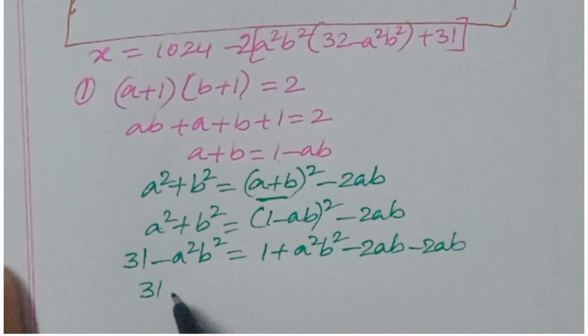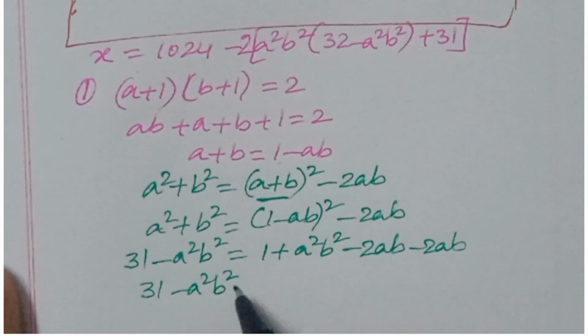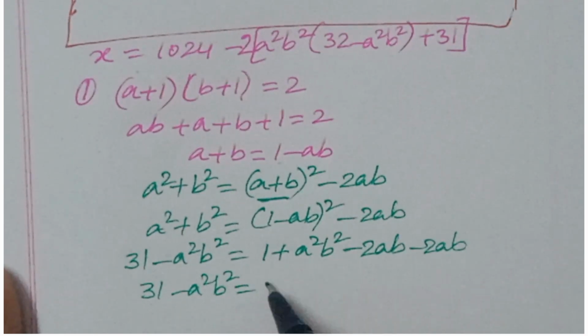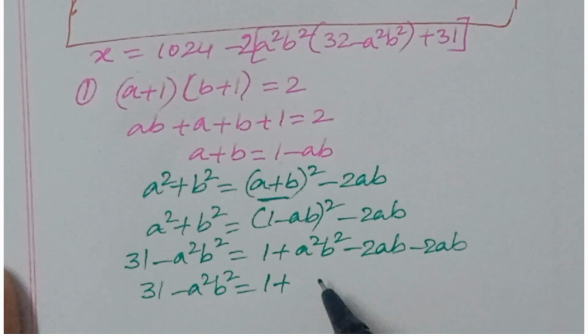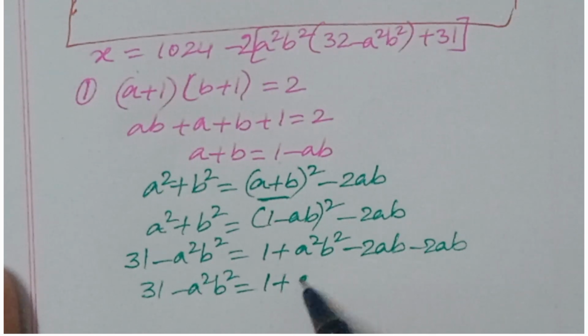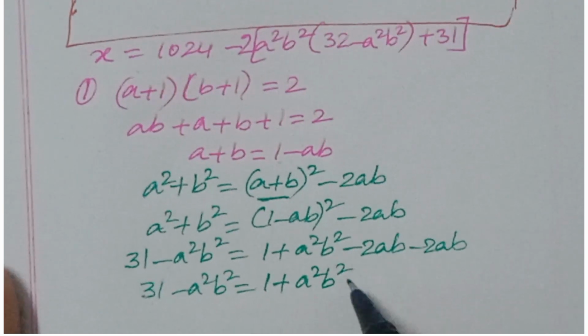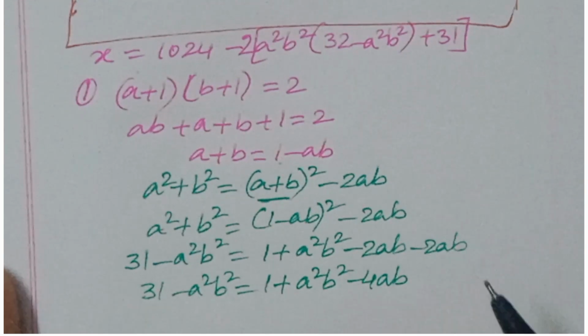So 31 minus a square b square is equal to 1 plus a square b square minus 4ab.